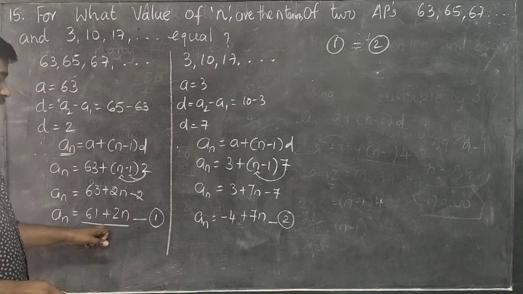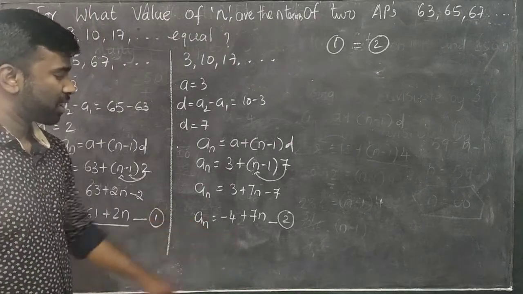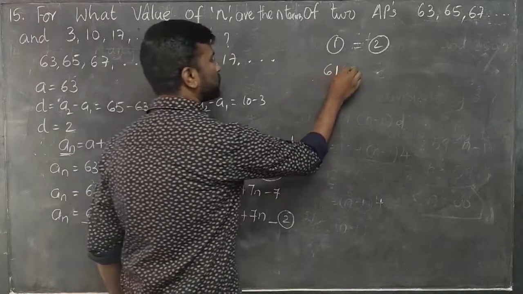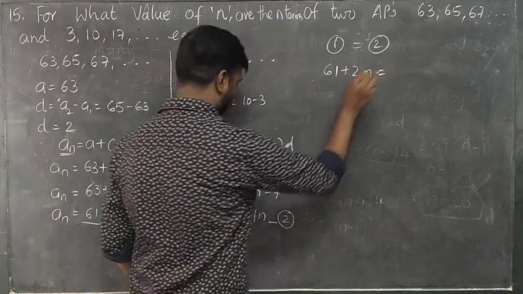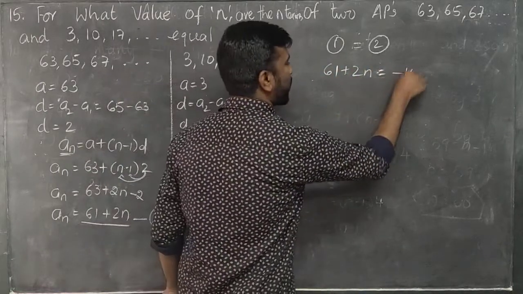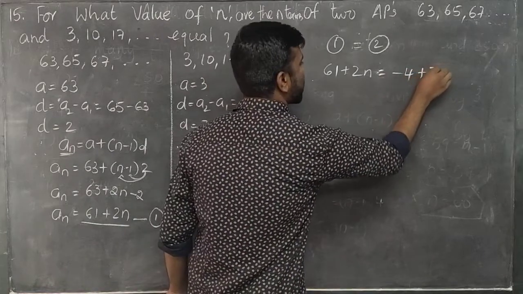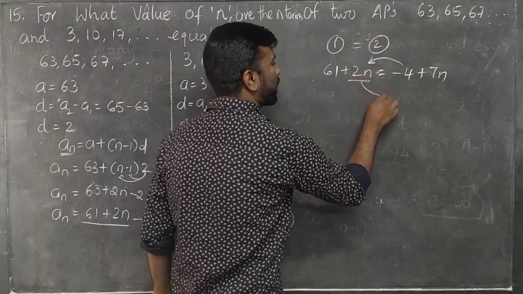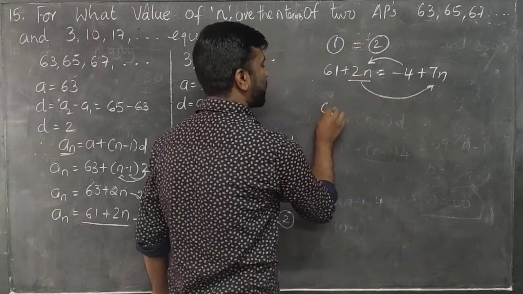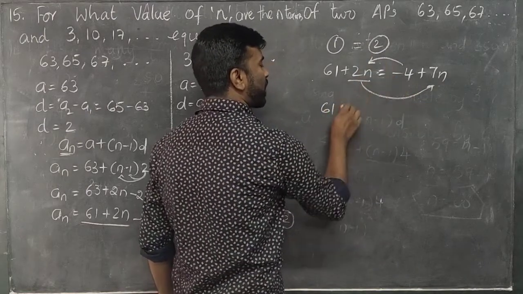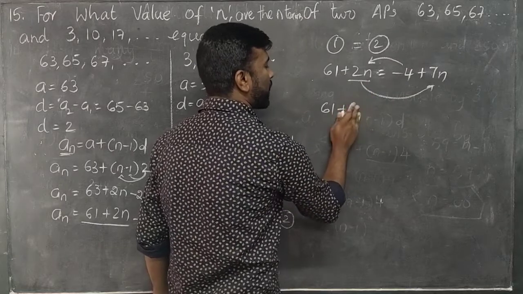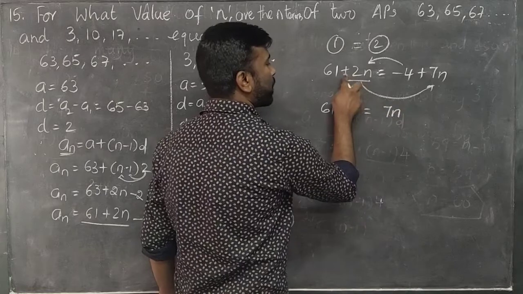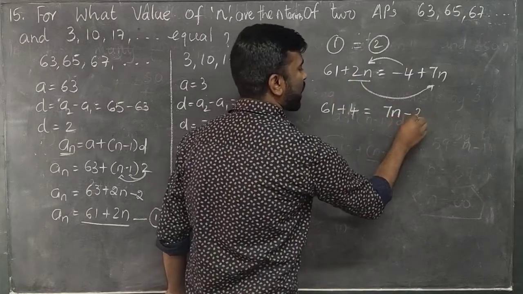Equate RHS of equation 1 and RHS of equation 2. What we get? 61 plus 2n equals minus 4 plus 7n. Now shift this minus 4 to LHS and 2n to RHS. What we get? 61 plus 4, after shifting it becomes plus 4, which is equal to 7n minus 2n, after shifting it becomes minus 2n.